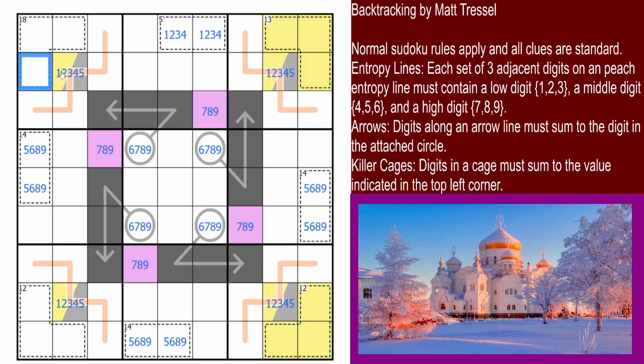So can I prove there is no 6 there? Or can I prove there has to be 6 there? So what are the possibilities of 18 with just one high digit? So 9 is there. So if this has 9 as a high digit, the remaining must sum to 9. Could be 2, 7 or could be 1, 8, right? No, none of this is possible, sorry, because we are saying there is only one high digit possible.